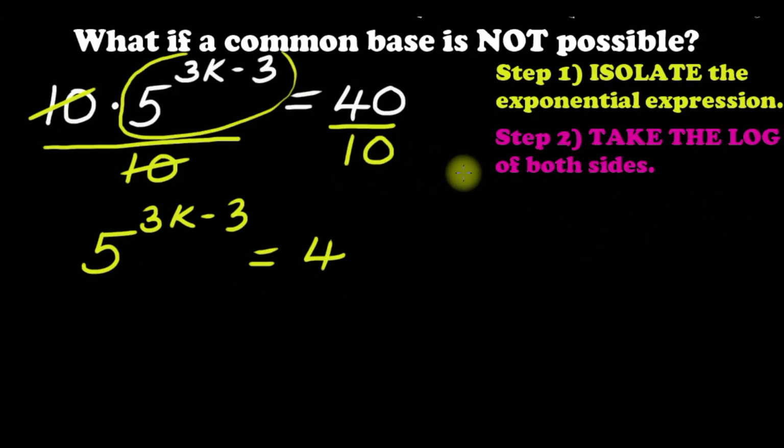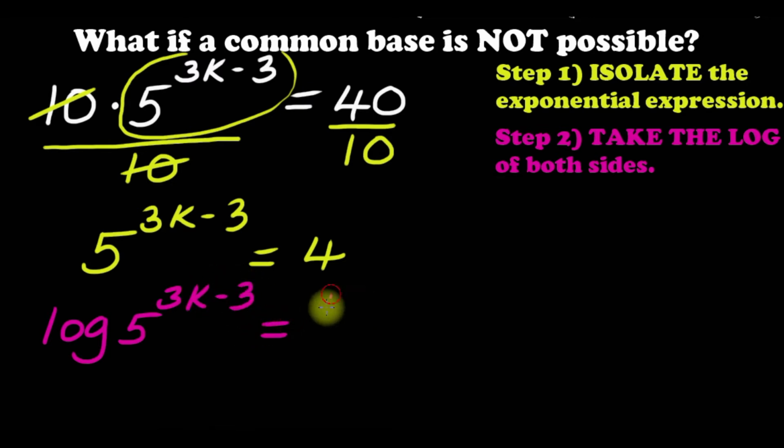Okay, so step 2 is to take the log of both sides. So because I cannot rewrite using a common base, I would have to take the log of both sides. So here I go: log 5 to the 3k minus 3 is log 4.